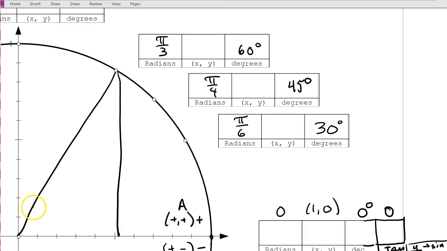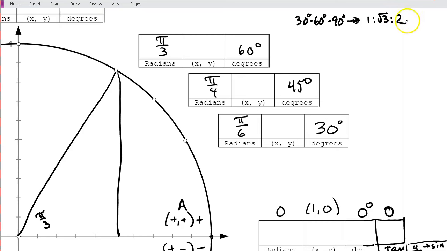Because this angle that I have here is 60, which is pi over 3, and if you remember in a 30, 60, 90 triangle, there was a special relationship between the sides. The sides are in a ratio of 1 to root 3 to 2, okay?